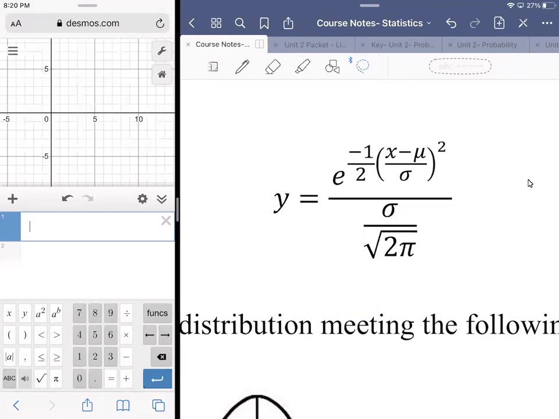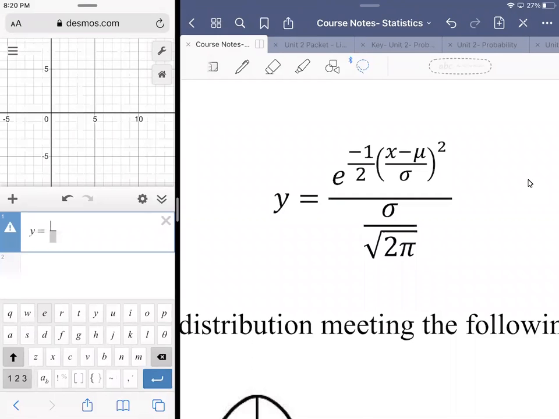So y equals a fraction. You have an e, exponential e, approximately 2.718. Oh, you know what? It's a legacy typo.